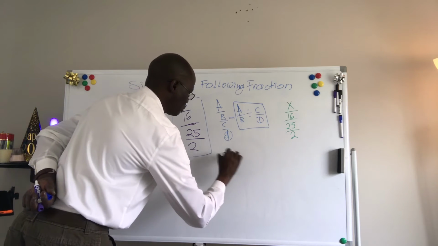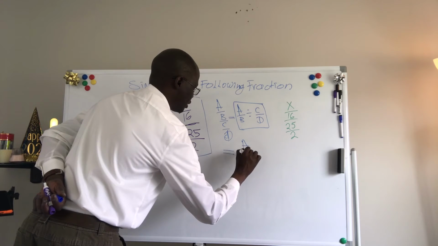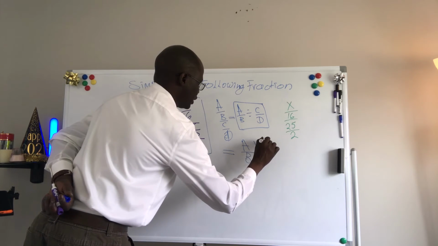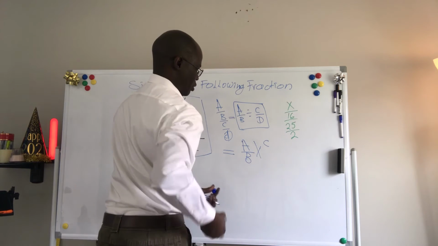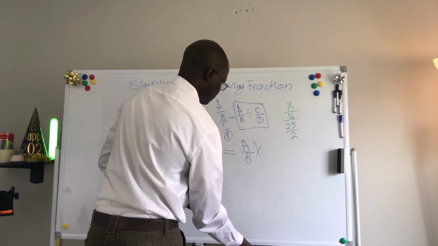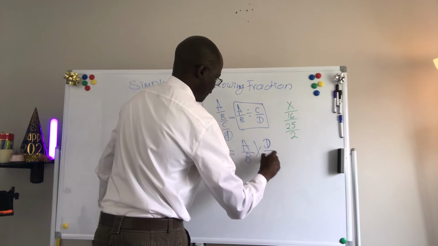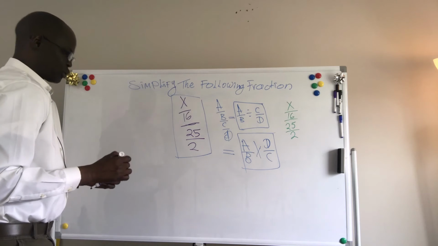And that will equal a divided by b times d, over c. The same thing we did with the first one. That's what you should get.